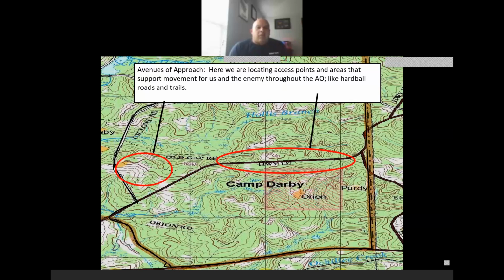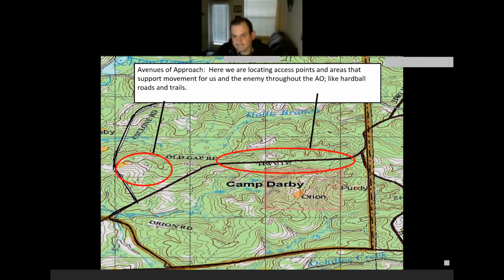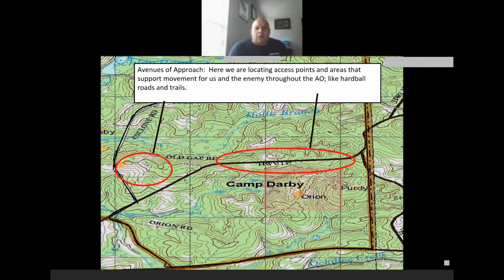So when you do avenues of approach, what does the enemy use them for? Set up ambushes. What else? If this is our land and we own it, what are we going to use those trails for? What does the QRF use those trails for? Reinforcements.